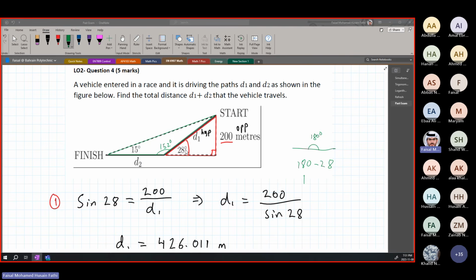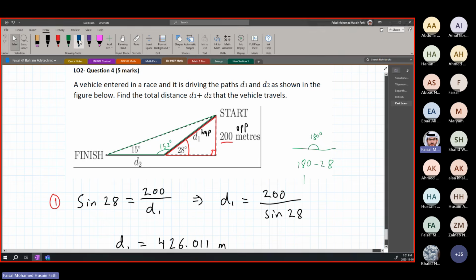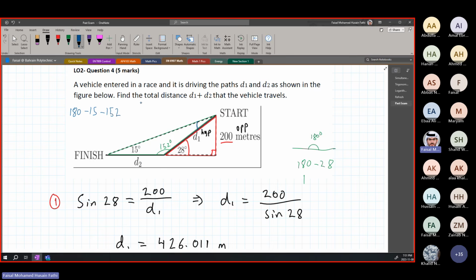Now we have this angle, but we need to use the sine rule. We want to find the angle opposite to D2, which is the angle up here. To find it: angles of a triangle add to 180, so 180 minus 15 minus 152 is equal to 13 degrees.